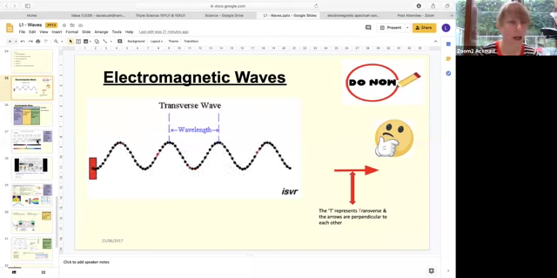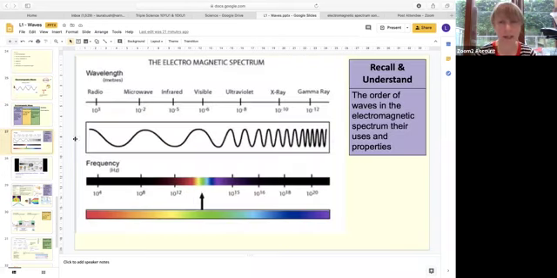Good. So the electromagnetic spectrum can be depicted on one single wave. You'll often see it like that, and each section is divided according to wavelength, and also frequency, but most commonly wavelength, into different sections.